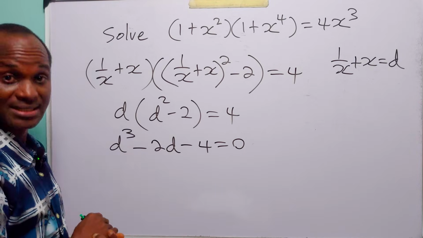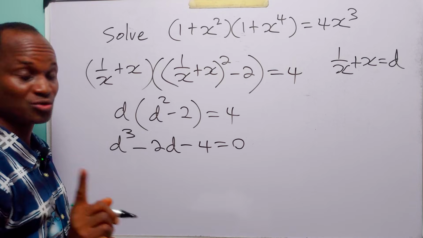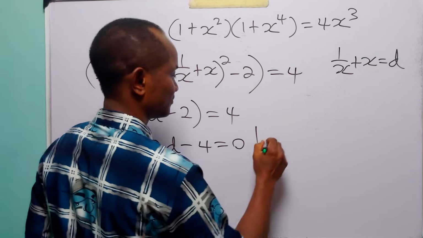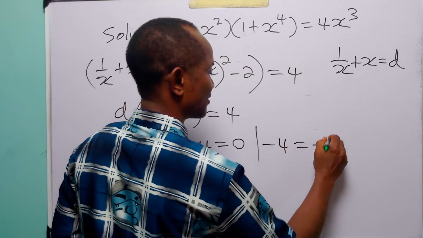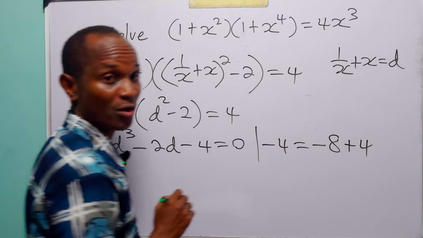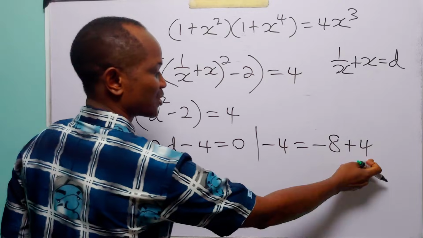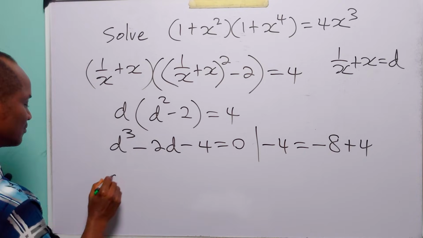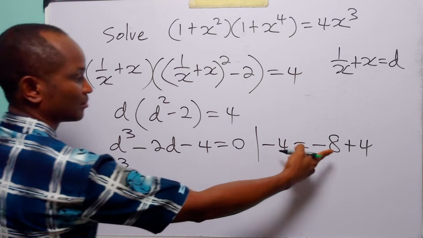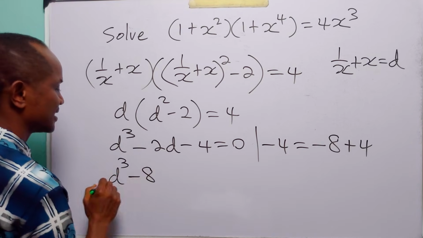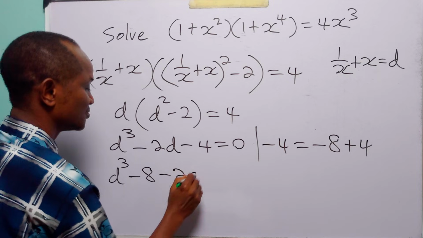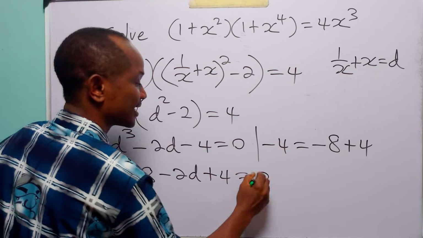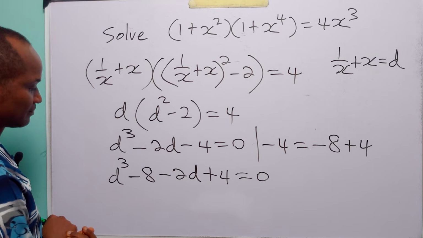Now, we can factorize this equation, but to do that, we must rewrite minus 4 as minus 8 plus 4. Of course, you know that minus 8 plus 4 is equal to minus 4. So when we do that, we have d cubed minus 8 minus 2d plus 4 is equal to 0.